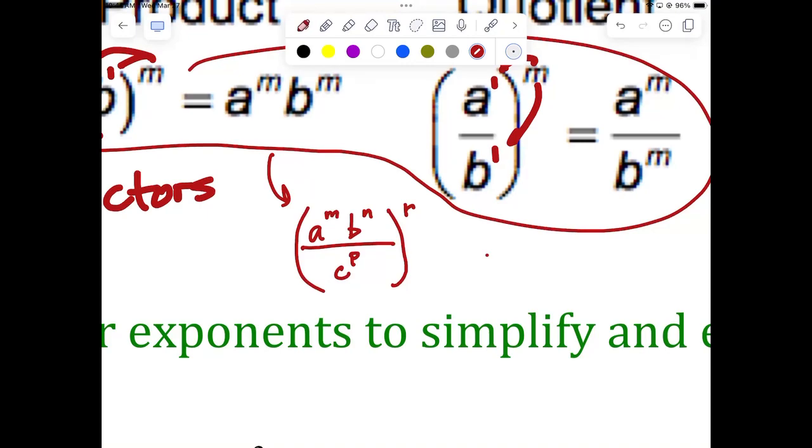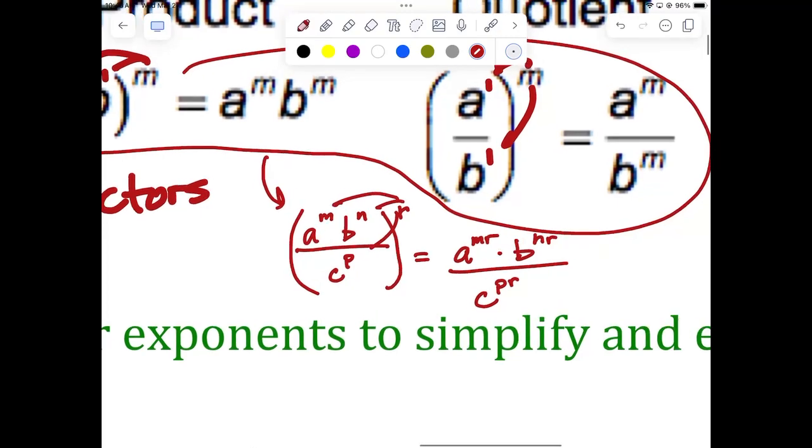They're all being multiplied or divided, so I can multiply the r through to each one. So this becomes a to the m times r times b to the n times r all over c to the p times r. And again, you can have more factors in the top, you can have more factors in the bottom. The point is, every factor gets the exponent on the outside, and you multiply. Okay, raising a power to a power, you multiply.